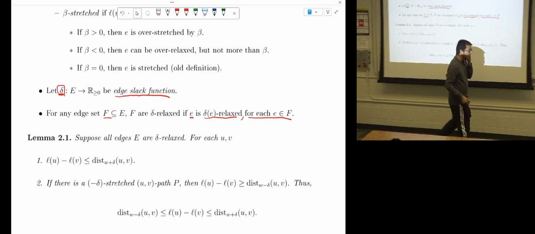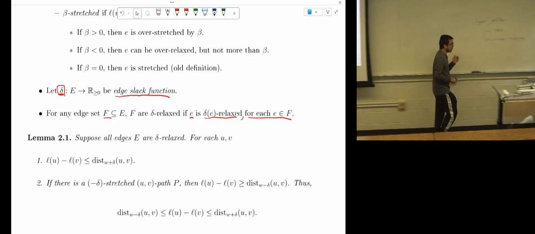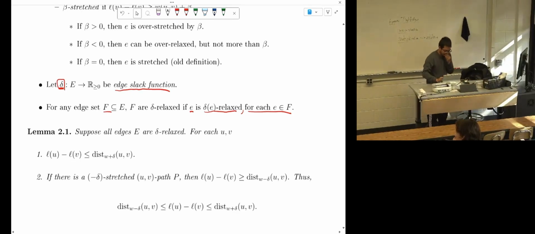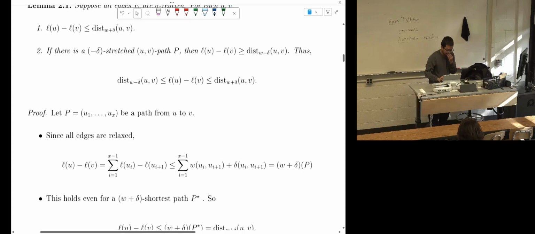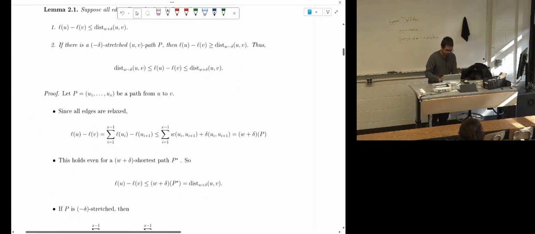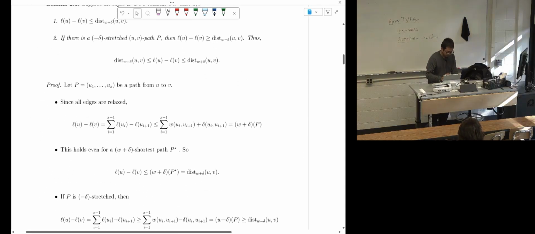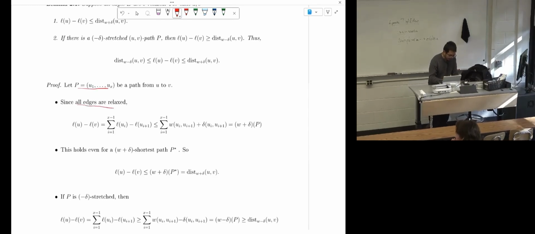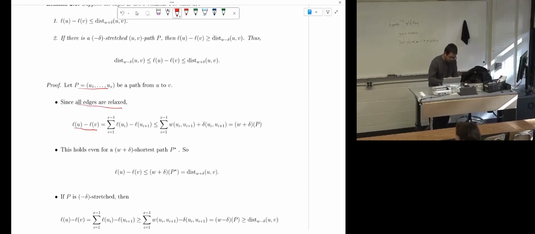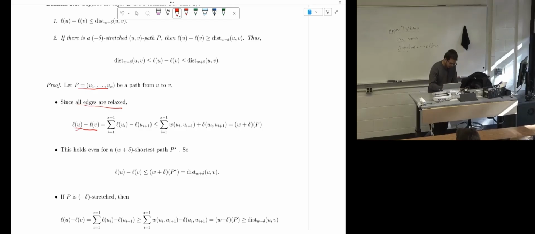The proof is the same. Look at any path here. If all edges are relaxed, then look at how much U and V are stretched, and sum this difference of level over all paths.